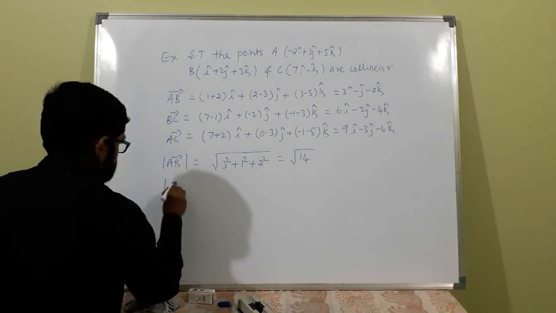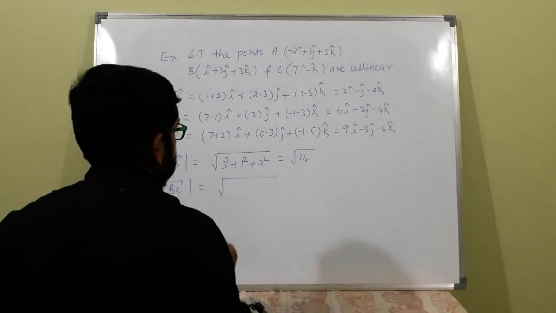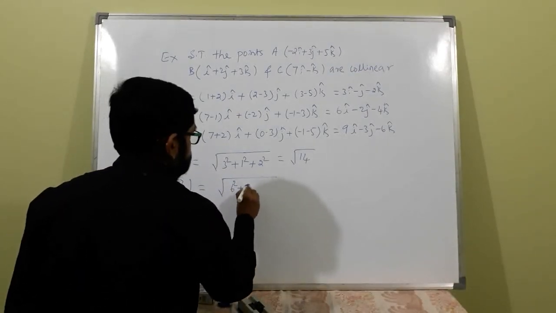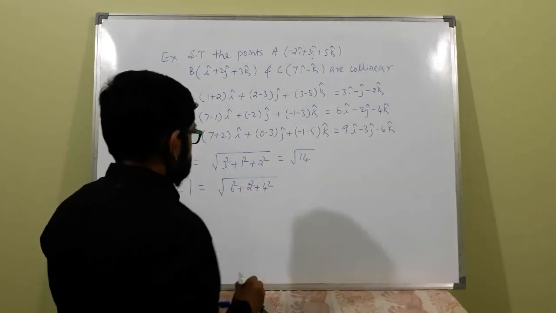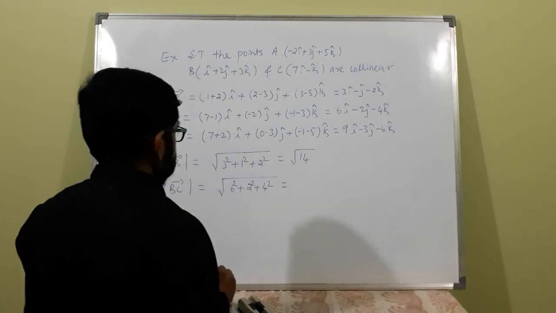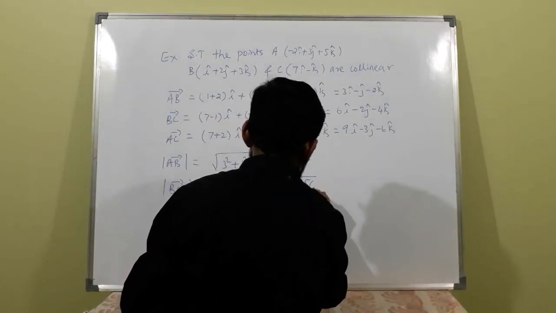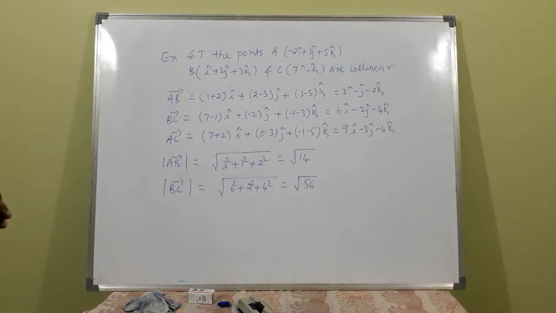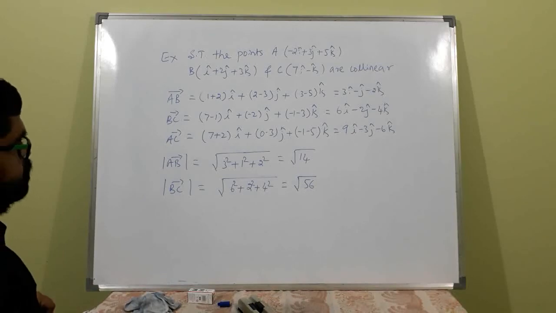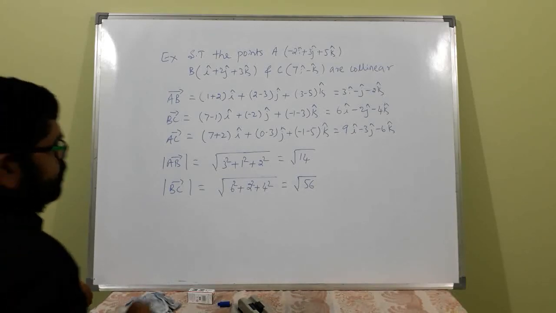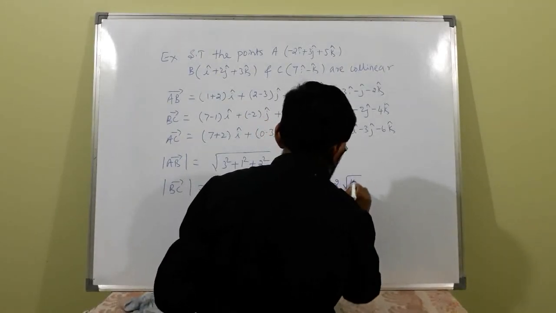BC is 6 square plus 2 square plus 4 square, 36 plus 4 is 40, plus 16 is 56. 56 means 4 into 14, so that is 2 times root 14.